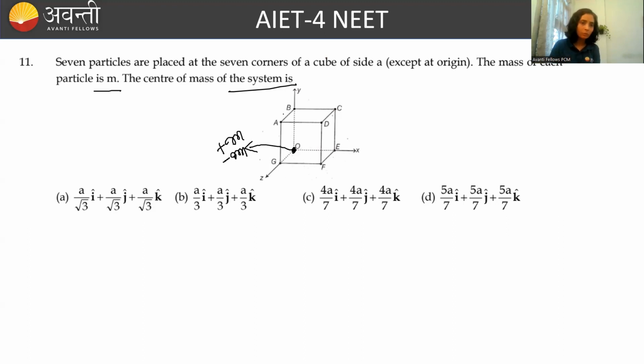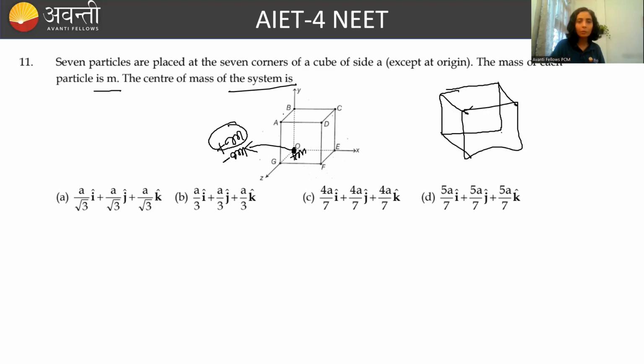ठीक है, तो चलो यहाँ रखते हैं. अगर प्लस m मास को यहाँ पे कंसीडर करूं मैं, इनमें से एक मास को अभी मैं पिक कर रही हूँ, then we will see that 8 masses are kept, each one is kept at the corner. And if equal masses are kept at the corner of a cube, what will happen? तो उसका सेंटर ऑफ मास कहाँ होगा? ज्योमेट्रिकल सेंटर पे, क्योंकि all the masses are equidistant from the center, right?